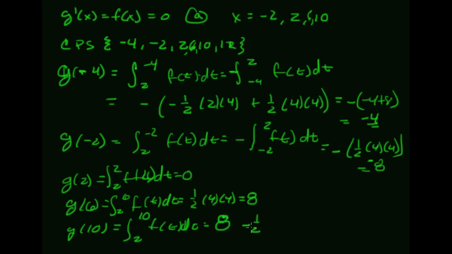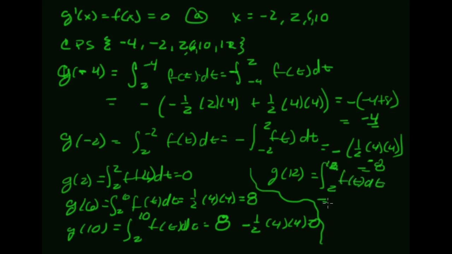Minus 1 over 2 times 4 times 4, which is going to give me 0. And finally, I'm going to need g of 12, which is the integral from 2 to 12 of f of t dt, which is going to be the 0, which was 2 to 10, minus 1/2 times 2 times 4, which gives me negative 4.